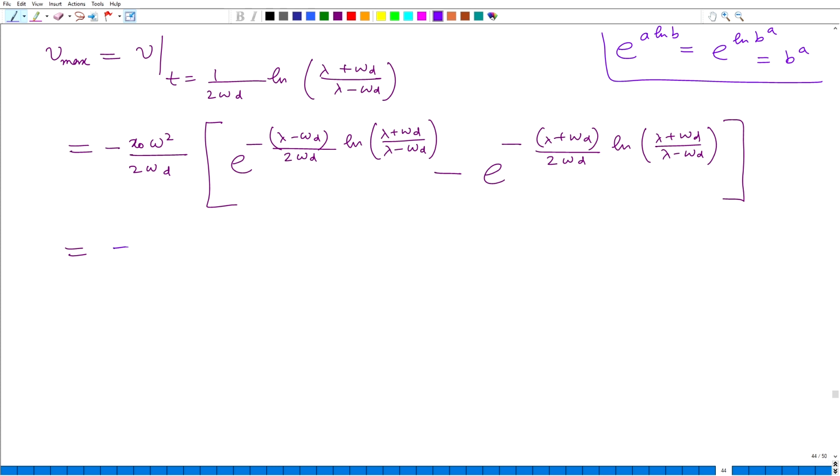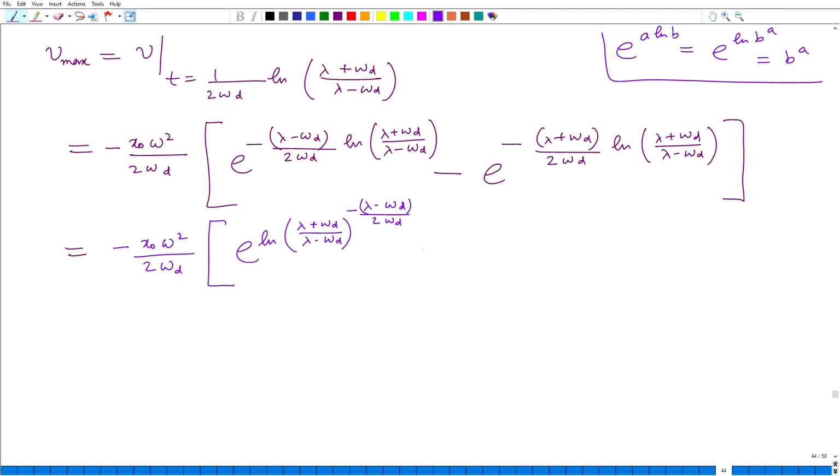Okay. So, minus x 0 omega 0 square by 2 omega d. So, you see that this will be simply e to the log lambda plus omega d by lambda minus omega d whole to the minus lambda minus omega d by 2 omega d.